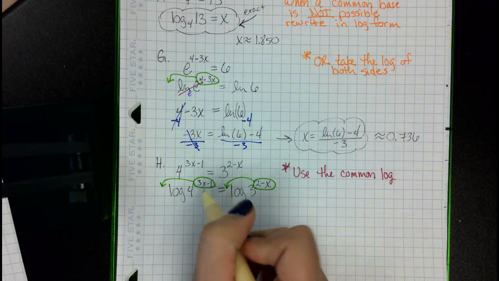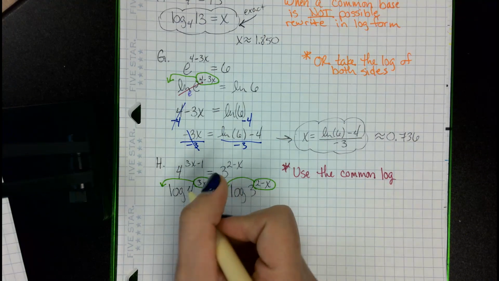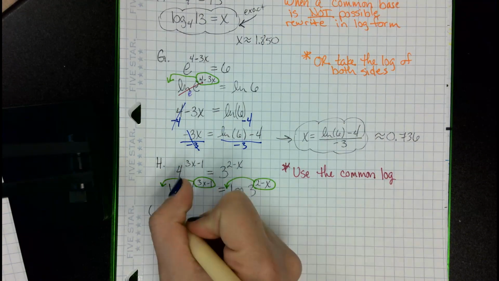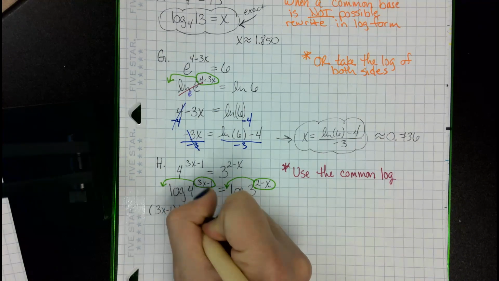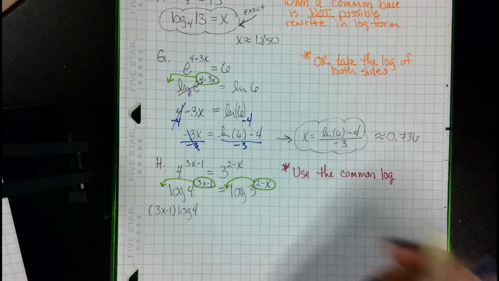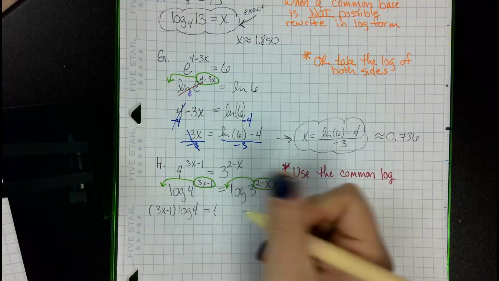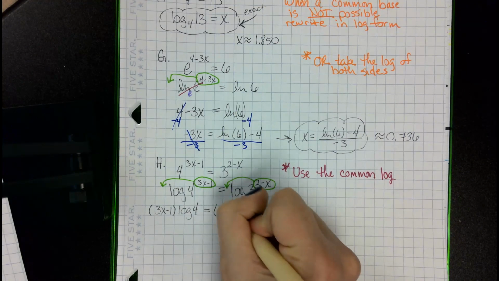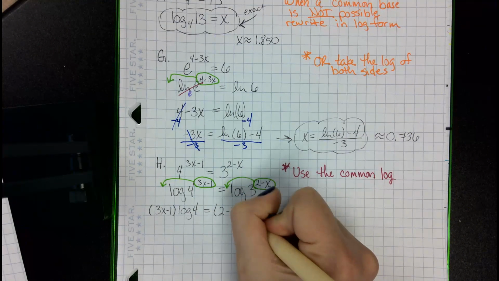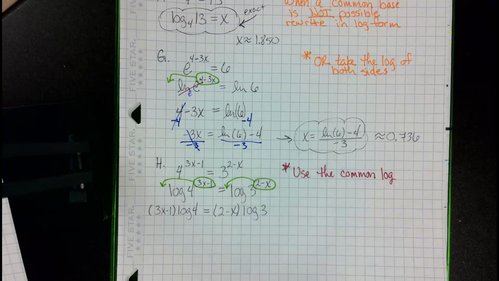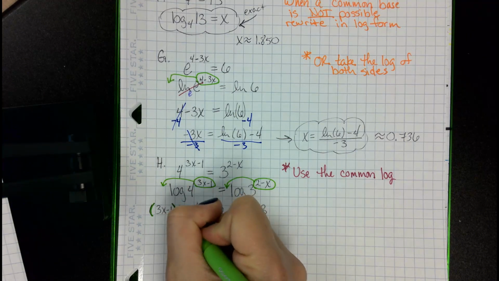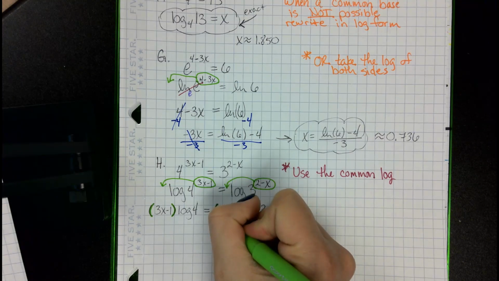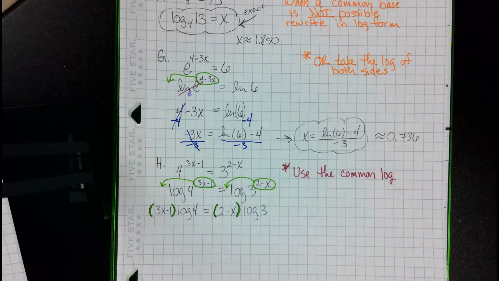So then I write the exponent, I'm going to put in parentheses, 3x minus 1, log of 4, equals parentheses 2 minus x, log of 3. So I'm going to show that in green. This is just used to be the exponent. Now it's being multiplied by the log.